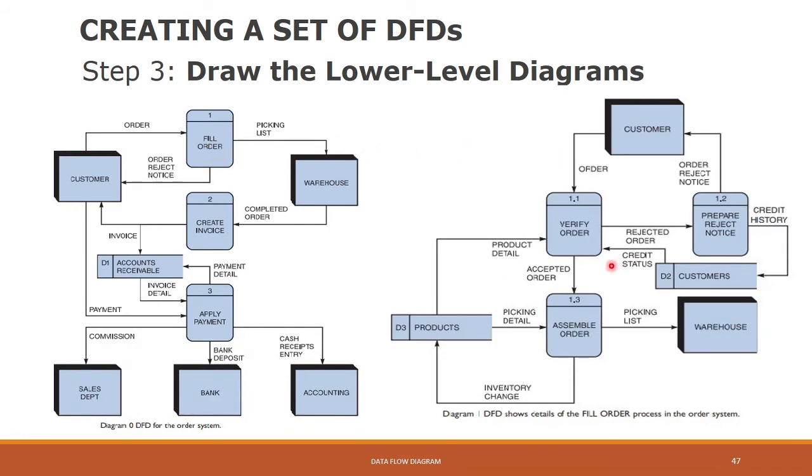As you can see here, you exploded process 1, which is fill order, and now it has 3 processes, but the entity is just the same, the warehouse. So that is balancing. You should not change your entity in your diagram.